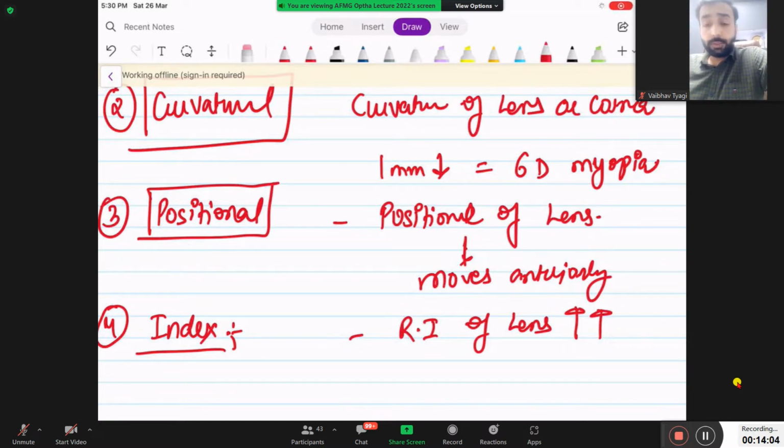Ciliary body accommodation is responsible for which type of vision? Near vision, right? So when accommodation decreases, your near vision is hampered, and that is called presbyopia. For correction of presbyopia, you will need convex lenses, which are plus lenses.